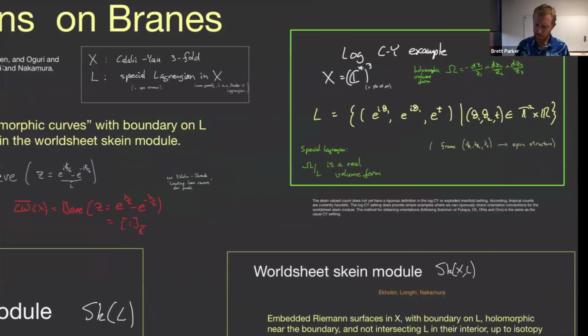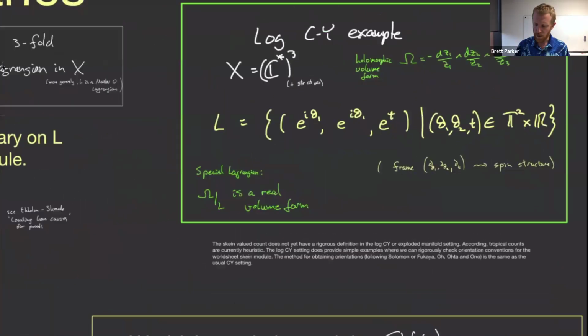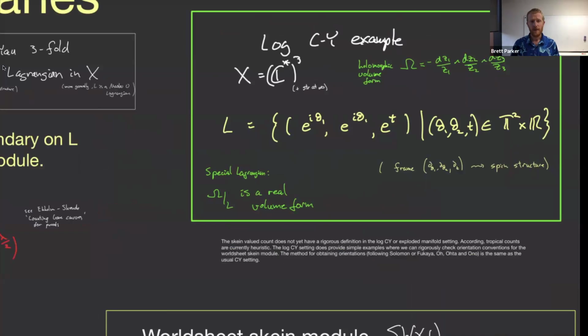And what I'm going to talk about is not the setting where everything is proved, but the log Calabi-Yau setting, because there are very easy examples. A log Calabi-Yau example would be (C star) cubed. The holomorphic volume form is just the (C star) cubed invariant one that you'd write down.